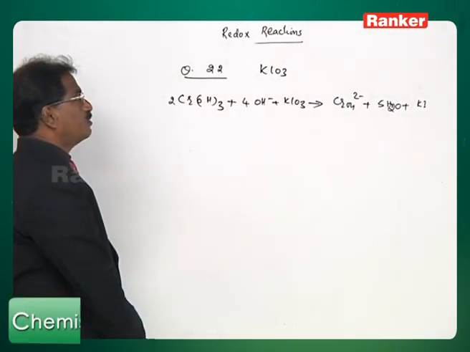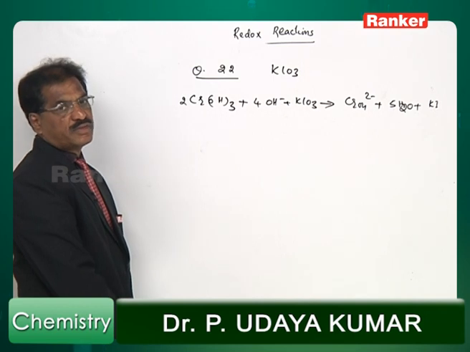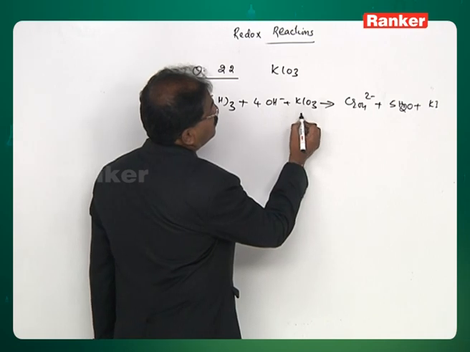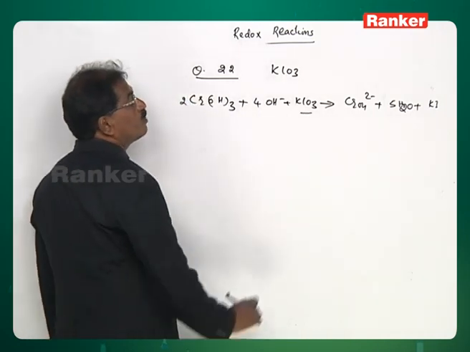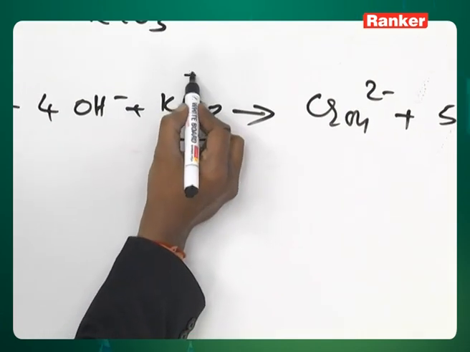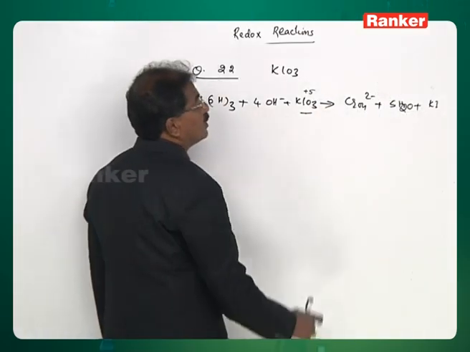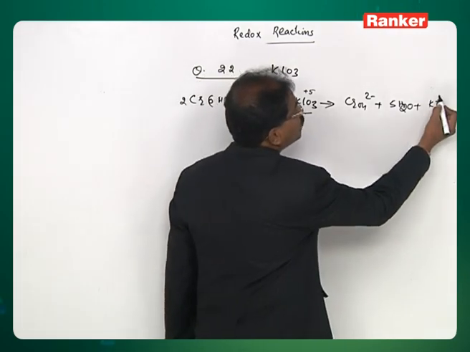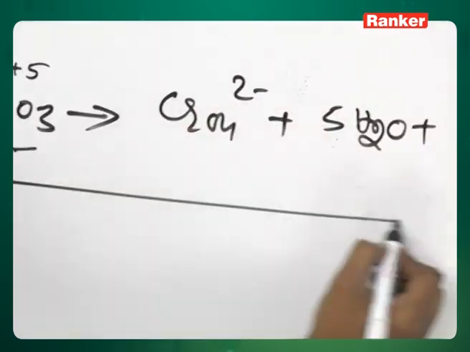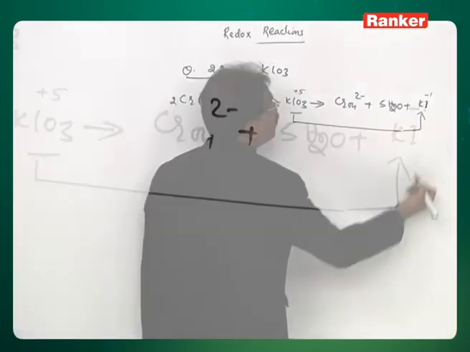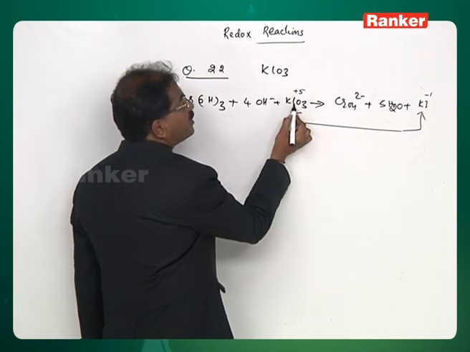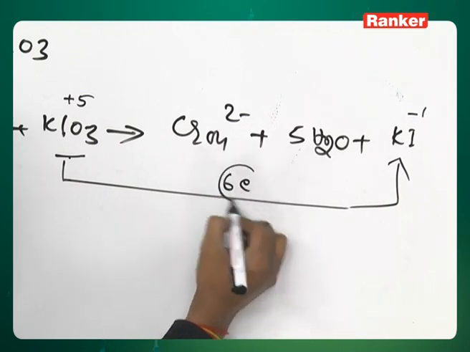In this reaction, we want the equivalent weight of KIO3. For that purpose, first identify the valence factor of KIO3. In 1 molecule of KIO3, 1 iodine atom is present. The oxidation state of that iodine is +5. On the product side, iodine is shown with the oxidation state -1. Therefore, this iodine is gaining 6 electrons.